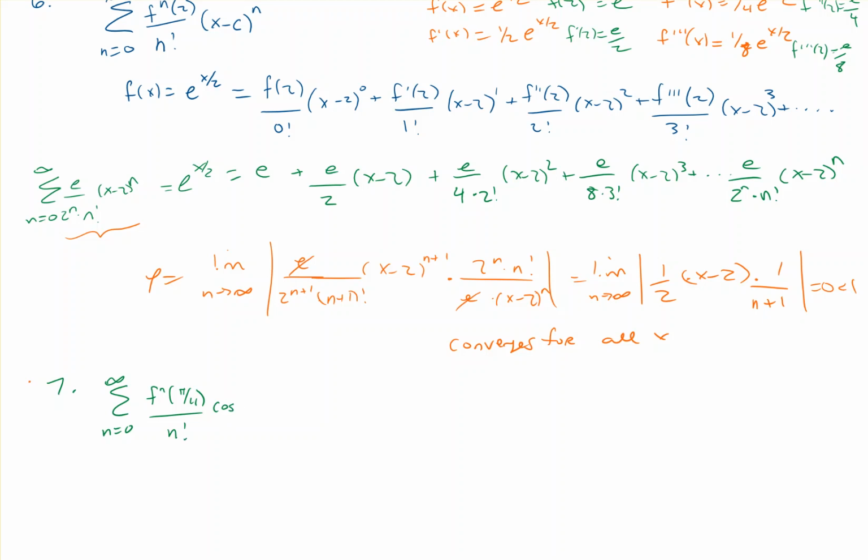I'm going to write these first. I told you the order doesn't matter when I did 6, so I'm going to write these first. We have cos of x, we have negative sine of x.